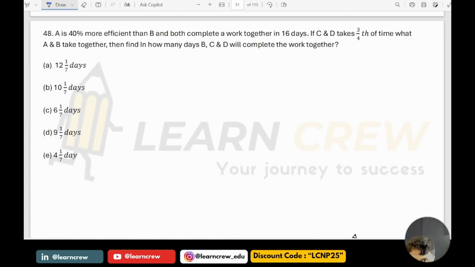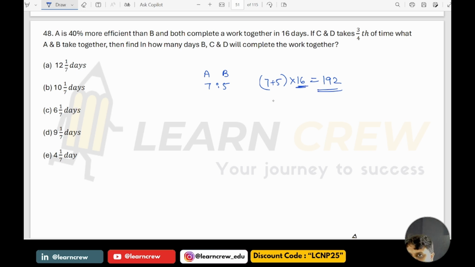Next, A is 40% more efficient than B. So the efficiencies of A and B are in the ratio 7:5. Both together can complete the work in 16 days. So total work is 16 12s are 192. C and D take 3/4 of the time that A and B take together.